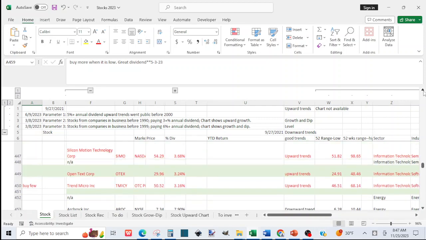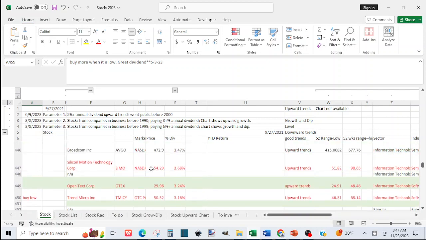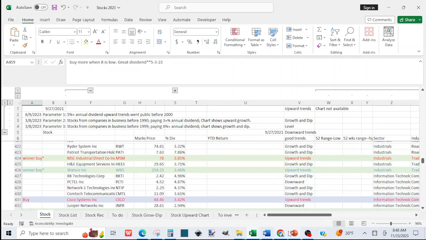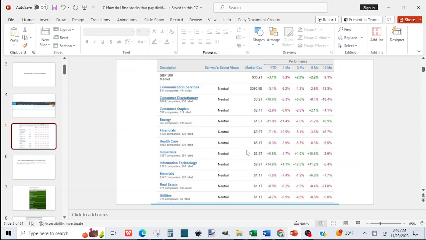And the ones that are good for you to invest in, you can make those another color that is easy for you to quickly see when you are scrolling. Those are a few things you can do as well to help you sort through those stocks.